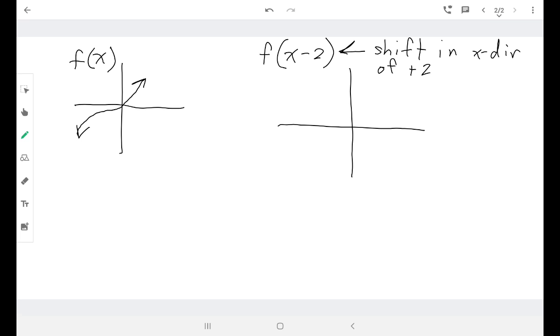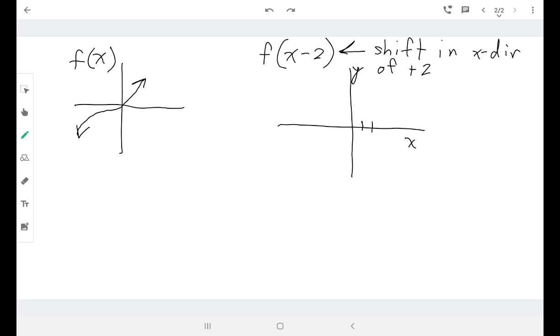So what that's going to mean is we're going to take some part of the original function, in fact, the whole function actually, but we're going to focus on one part. Let's say the part at the origin right there. And we are going to move it positive 2 in the x direction. Remember, this is the x, this is the y. So this entire graph over here is going to look exactly the same.